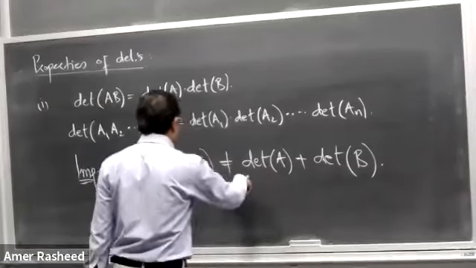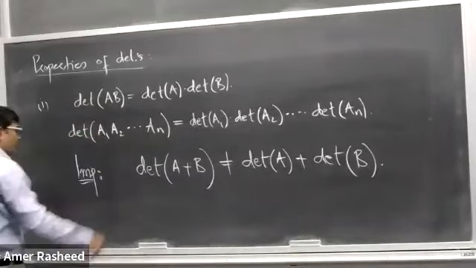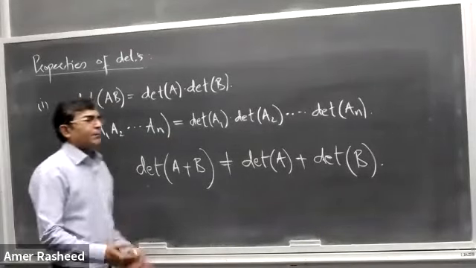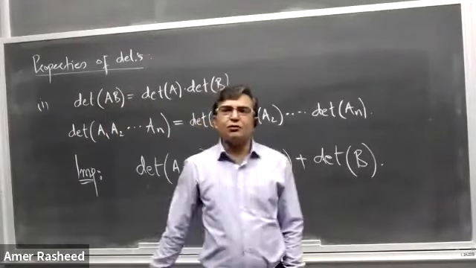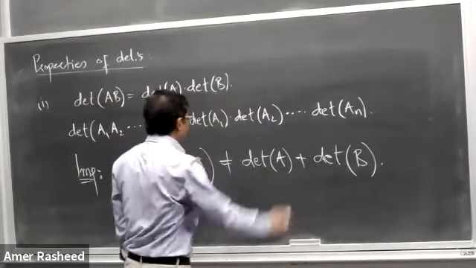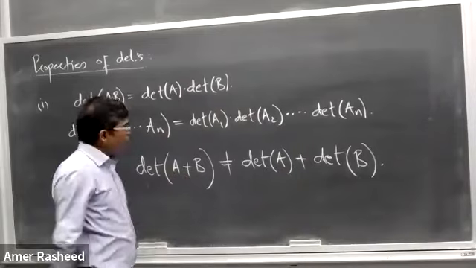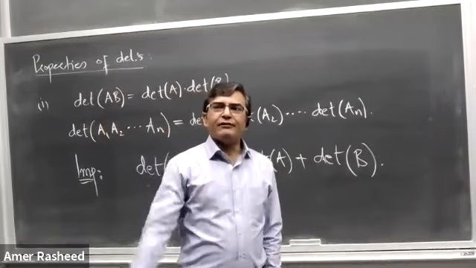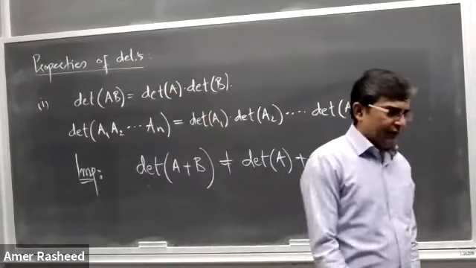But this property is not true in general. For some particular kinds of matrices, it may be true, but in general, determinant of the sum of two matrices is not equal to the sum of their individual determinants. So remember this.